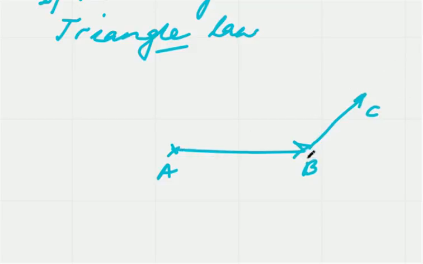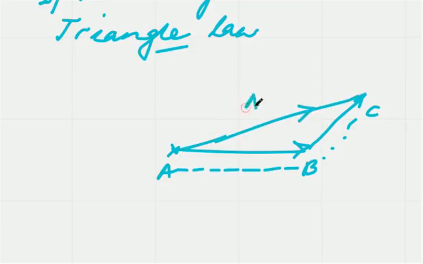Now, vector AB plus BC. We start from here, AB plus BC. So, our initial point is A, our final point is C, right? So, the sum of AB bar and BC bar is AC bar. That is the triangle law of vector addition.